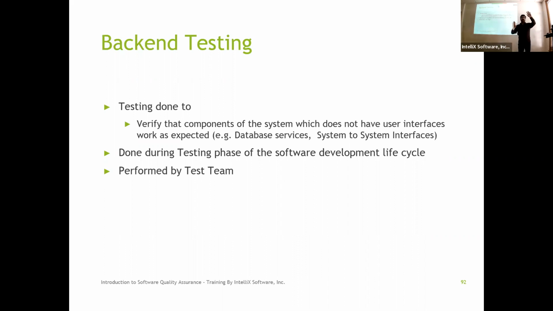It's something you do behind the scenes to validate that the functionality is working as expected, because I have no way to validate that through the user interface. Again, you as a test team do it in the test cycle. Everybody clear on the difference between backend testing and other testing?